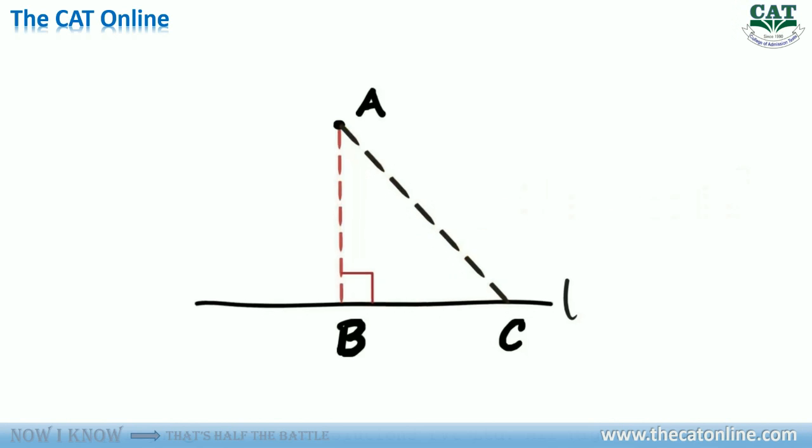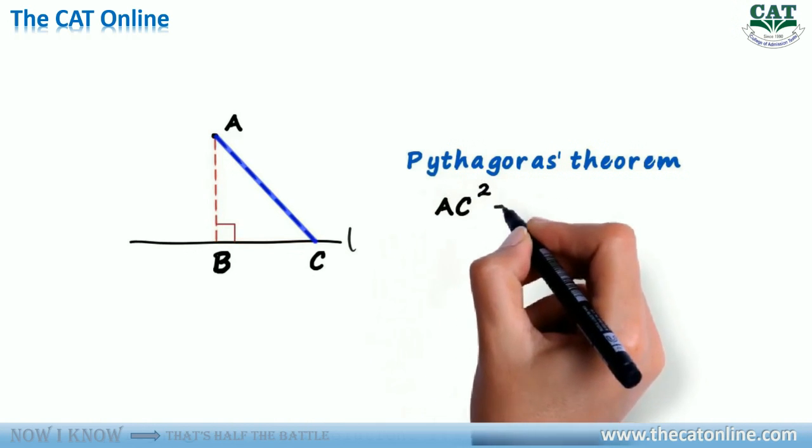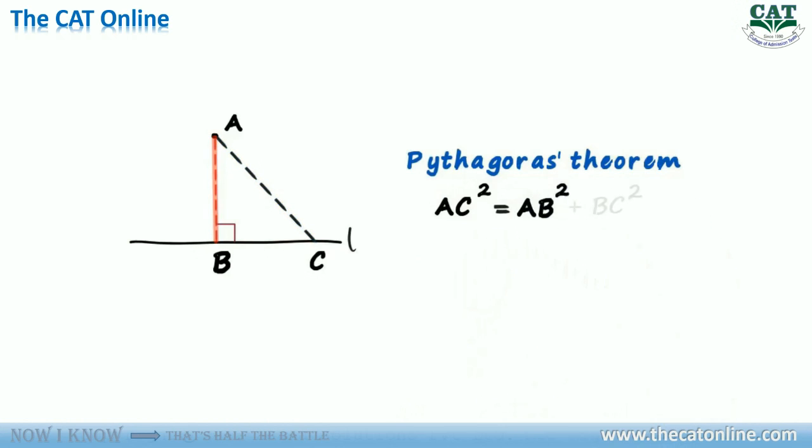Let's zoom out a bit. Since it is a right triangle, we can use the Pythagoras Theorem. And in this triangle, we can say that AC squared is equal to AB squared plus BC squared. The square of the hypotenuse is the sum of the squares of the other two sides.